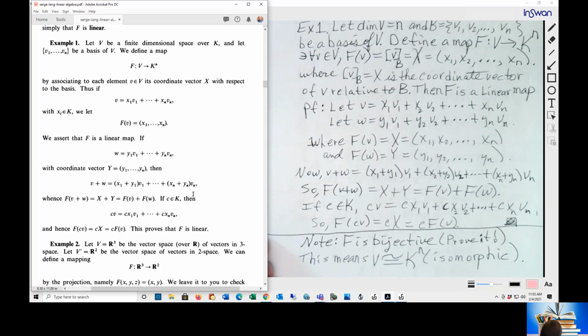Now, this doesn't mean that V is equal to Kn, but it does mean that V and Kn operate in the same way, and that they are equivalent via a bijective linear mapping. Okay?